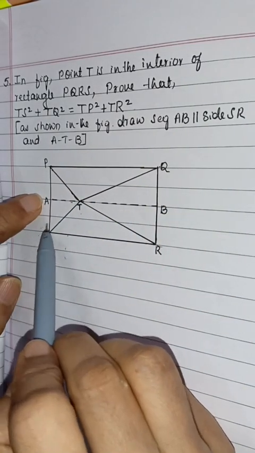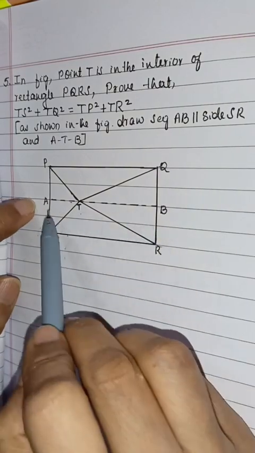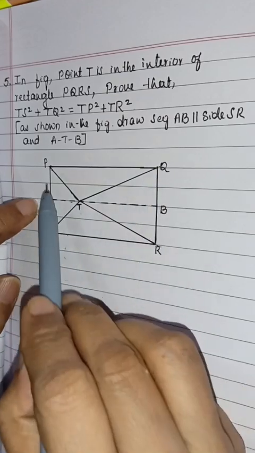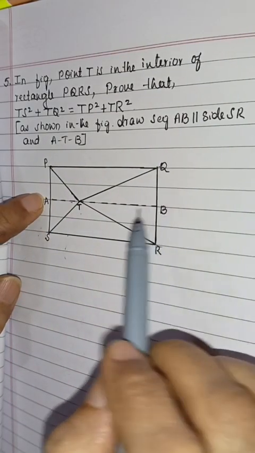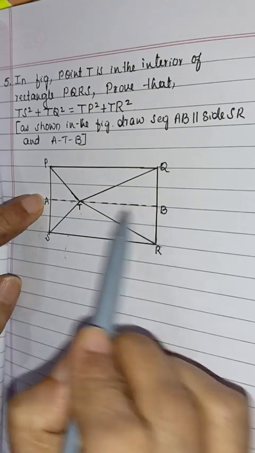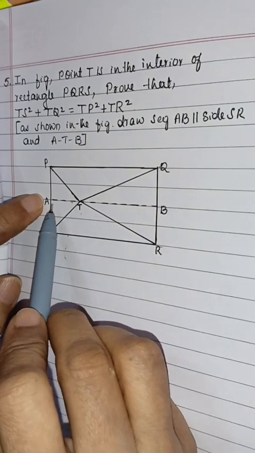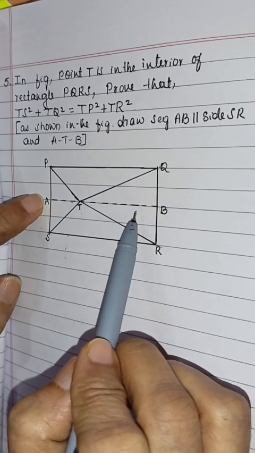Therefore AS is also parallel to BR, because P, A, S are collinear and Q, B, R are collinear. Therefore AB is also parallel to SR, because A, T, B are collinear points.